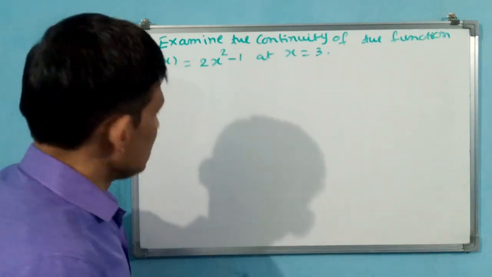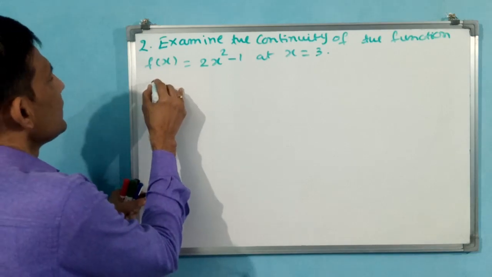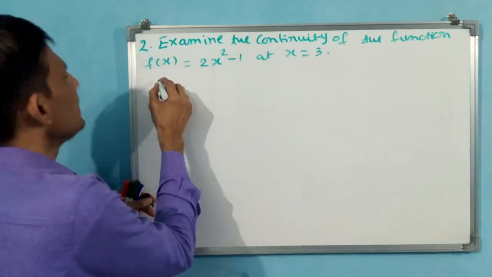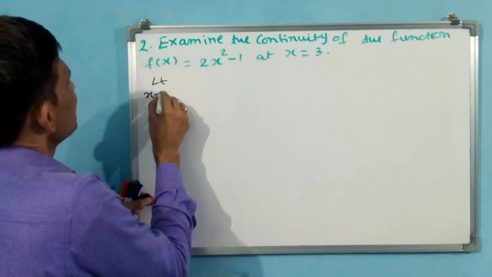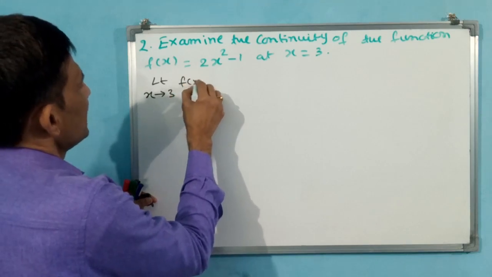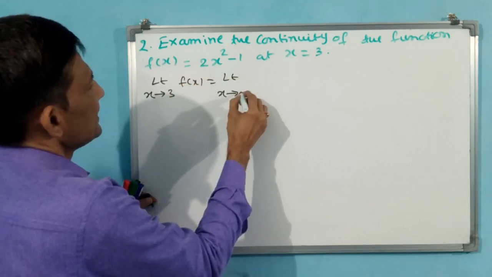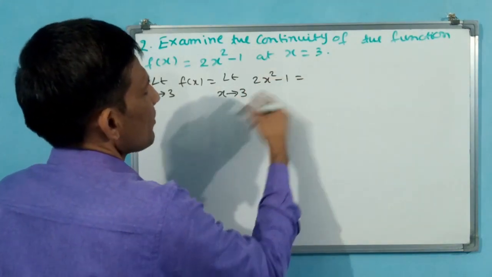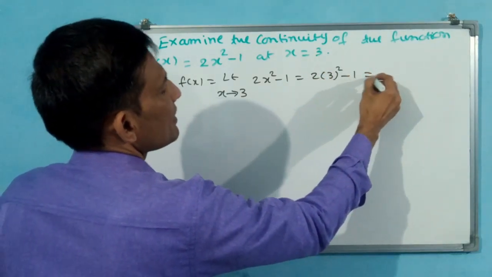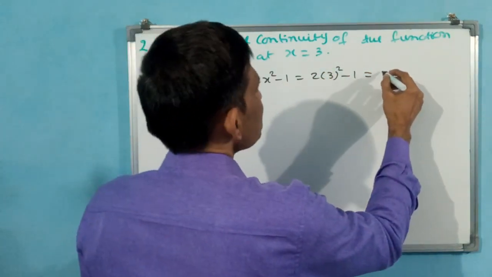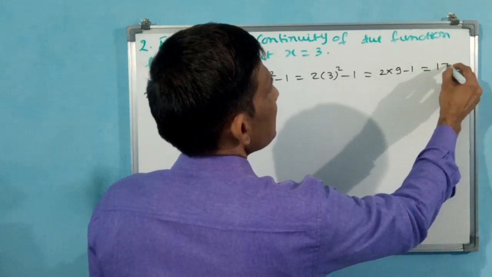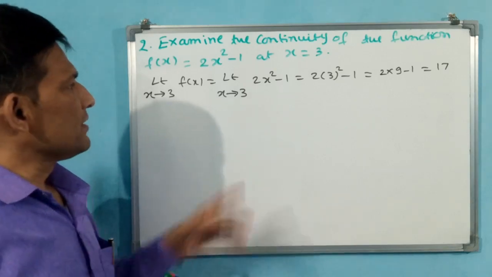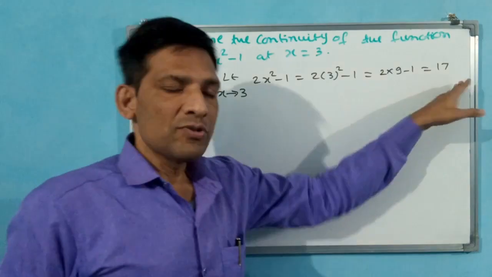See what I am writing. Now at only one point they are asking, that is why you need not write continuity at x is equal to 3 again, but you write limit x tends to 3 f of x is equal to limit x tends to 3 of 2x square minus 1, that is equal to, you apply now, 2 into 3 square minus 1, 2 into 9 minus 1, 18 minus 1, that is equal to 17. Okay. Now you tell me, left hand limit, if I write 3 minus, whether same value is going to come or another value?